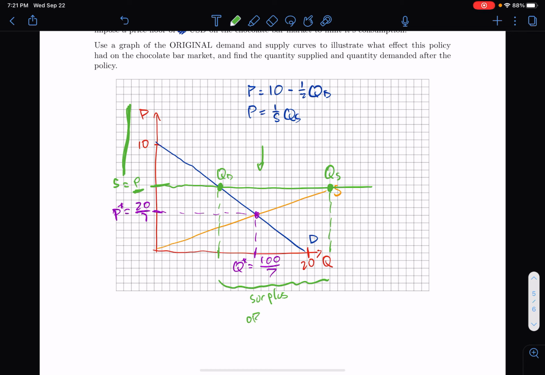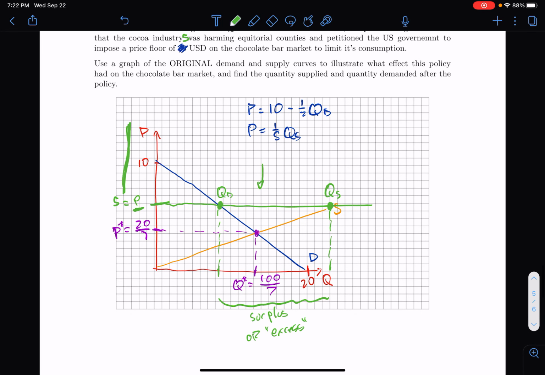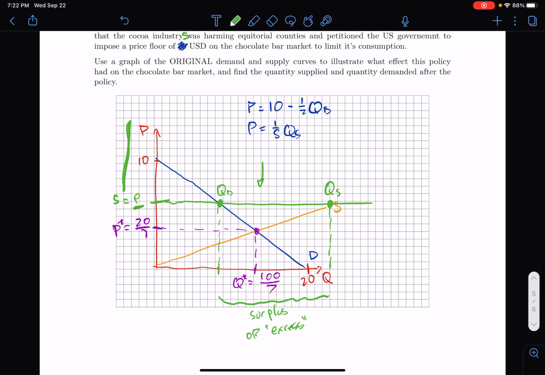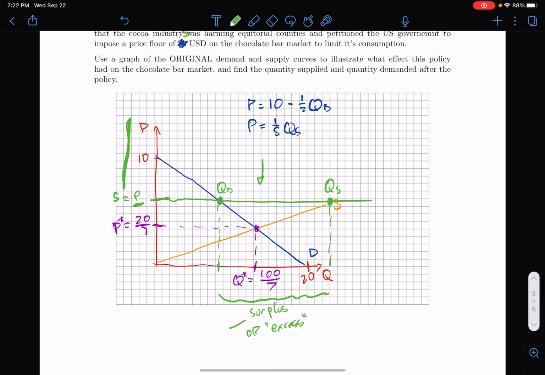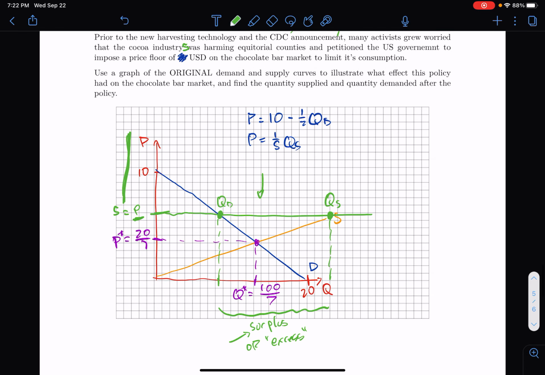Or sometimes the terminology I prefer is excess. Either one works in my book. But surplus is actually the one that most classes use and that the textbook uses. You'll see why the terminology gets a little complicated later.